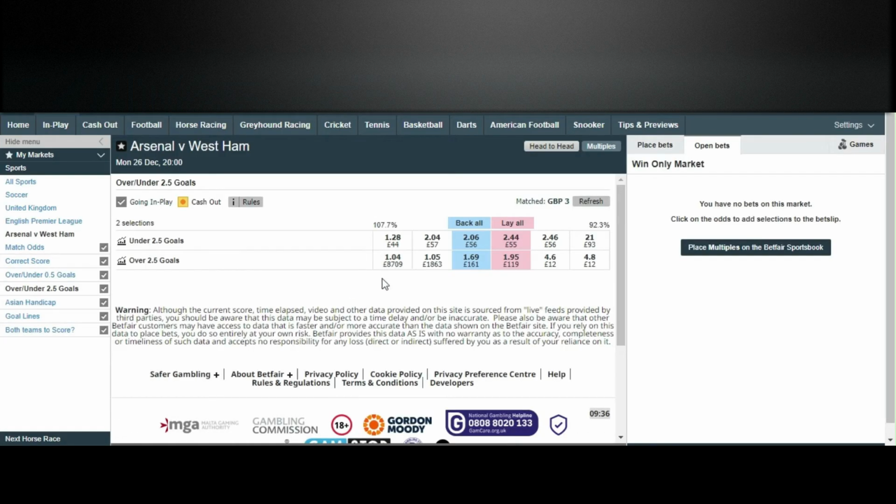We'll have a look at the unders and overs, and the market is kind of expecting over, but to be honest, there's not a lot in it. So they're a bit undecided at the moment on that one. So we'll class it as Arsenal to win, and probably base it on just over 2.5 goals.